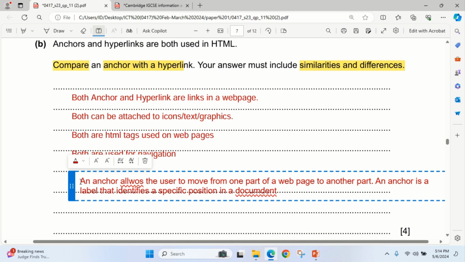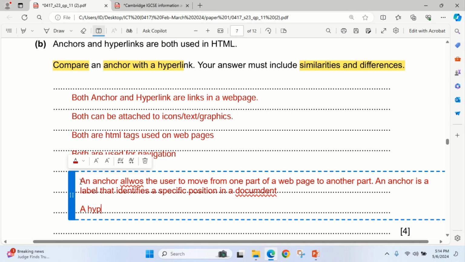So take note of that. Another thing you can say is that a hyperlink, on the other hand, allows the user to move from one web page to another web page. That is very important. So take note of that.